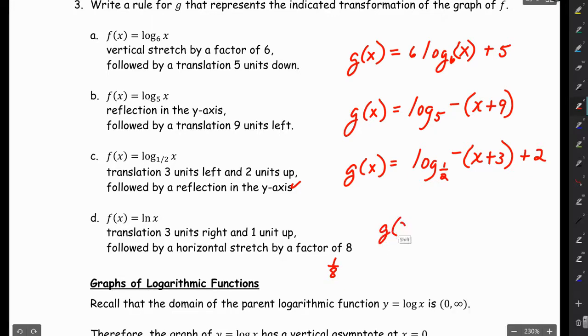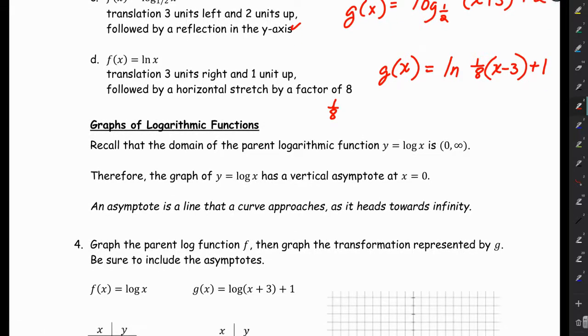So we have g of x, ln, the horizontal stretch by a factor of 8, so we're going to have a 1/8 in front. We're moving it 3 units to the right, so that's going to be x minus 3. And then 1 unit up. So outside the parentheses, plus 1. All right.